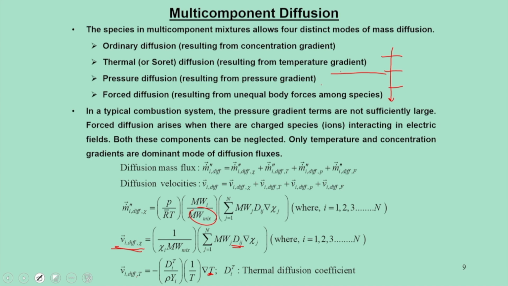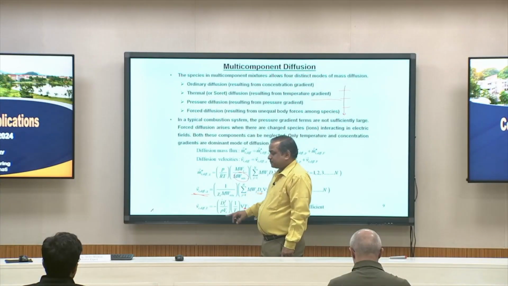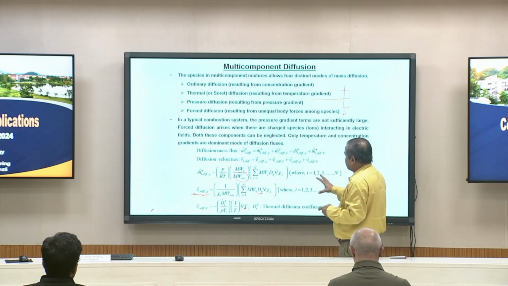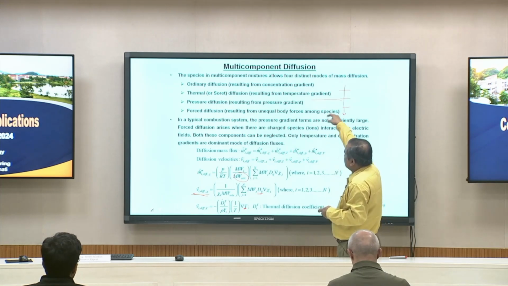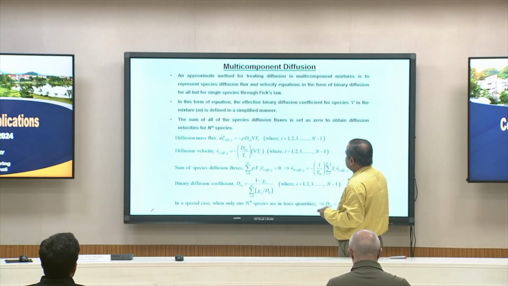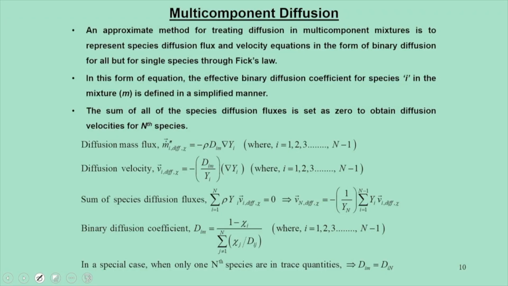It has terms like mole fraction, global density, and D stands for the diffusion coefficient, and there is a superscript T, which means this diffusion velocity is due to temperature. So these equations are simple, but the way they have been written makes them complicated because we need to address all these points. And again, moving further, this is a combination of all types of equations.